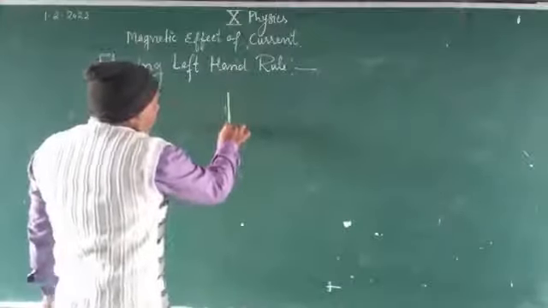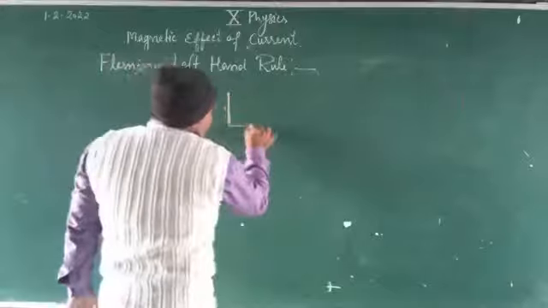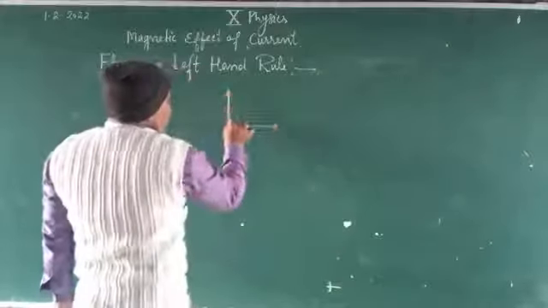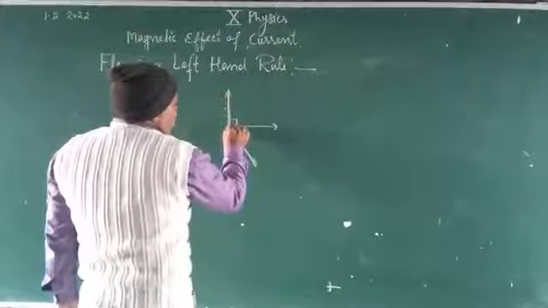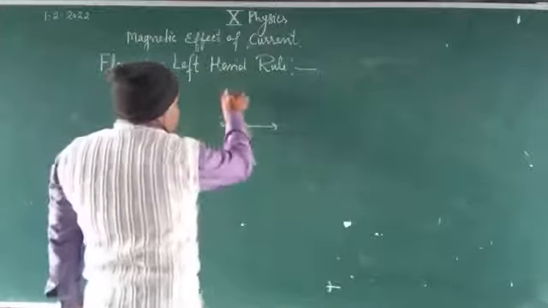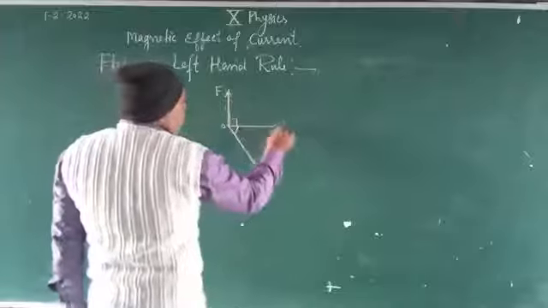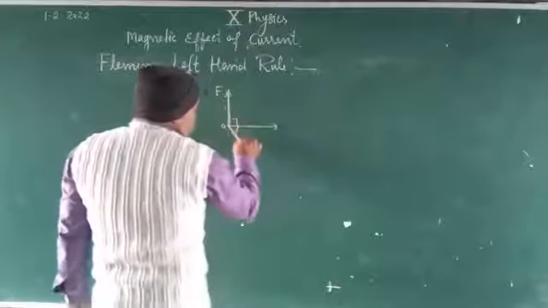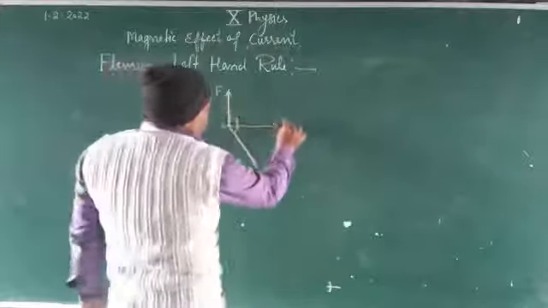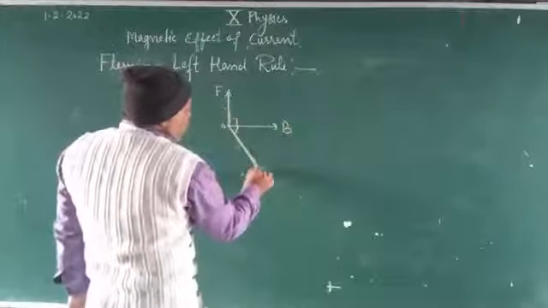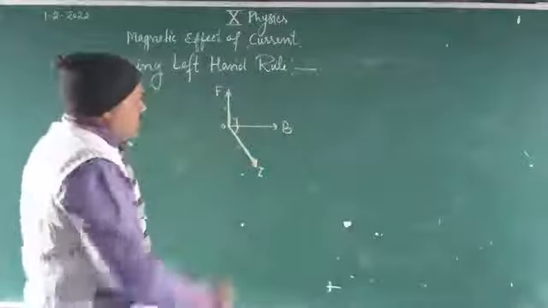When we stretch our three fingers in such a way, they are mutually perpendicular to each other, like this. Force, magnetic field, like this. This is the magnetic field B and this is the current I. Okay?